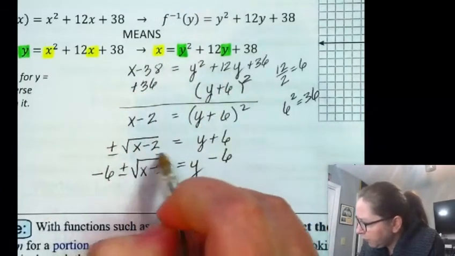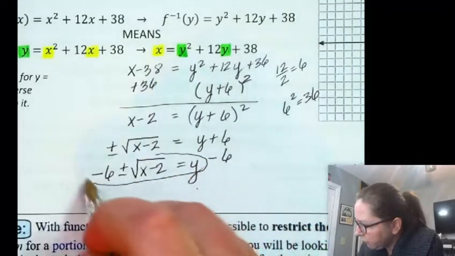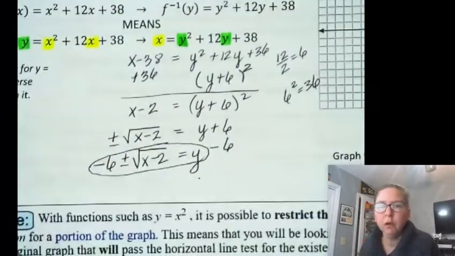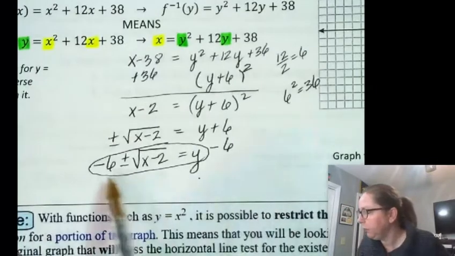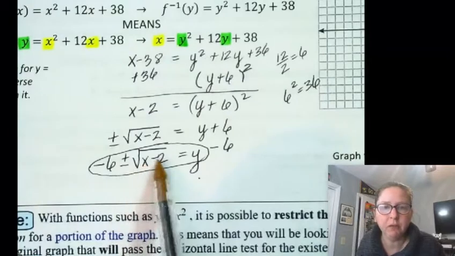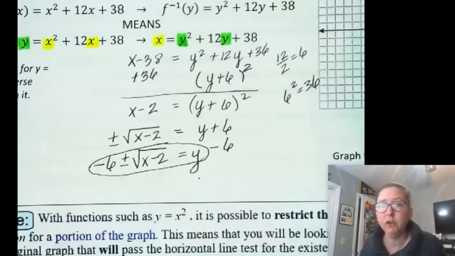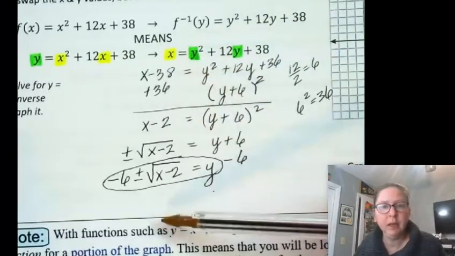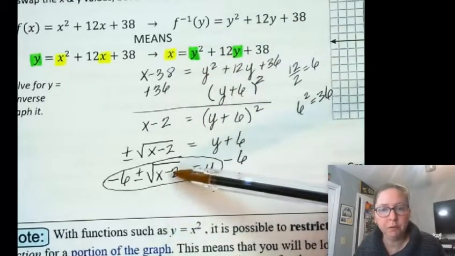Okay, and so this is my inverse function. Y equals negative 6 plus or minus the square root of x minus 2. And so now I started with this quadratic function, and now I have a radical function.